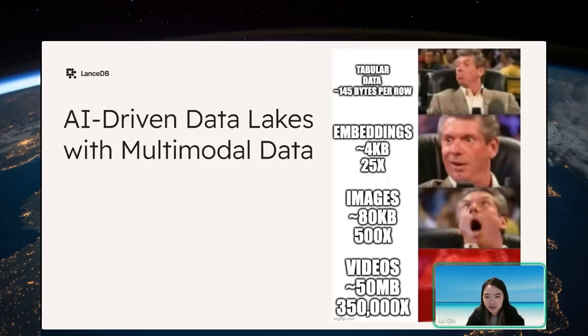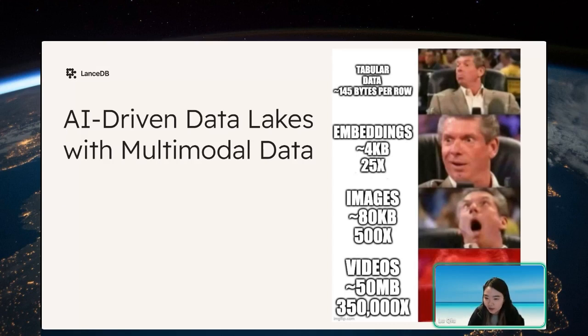So AI-driven data lakes with multimodal data are becoming a need. Data lake is not a new concept. We have been working with data lakes for the past several years, but AI brings new needs for the data lake. Previously, when we organized information from data, we organized it into tables with small tabular data. Each row is pretty small, around 145 bytes, and each cell probably only a small string or number.